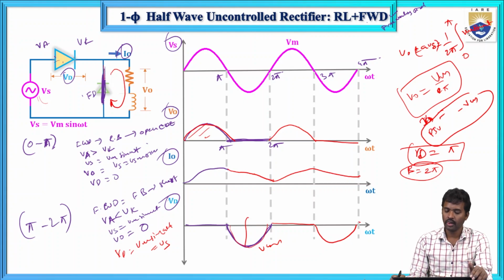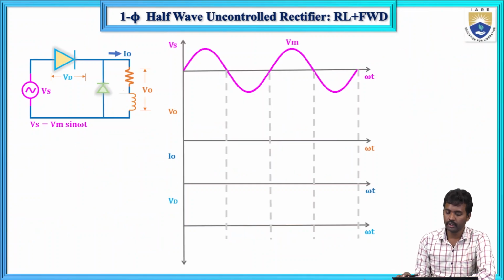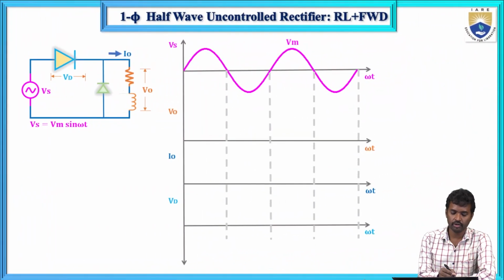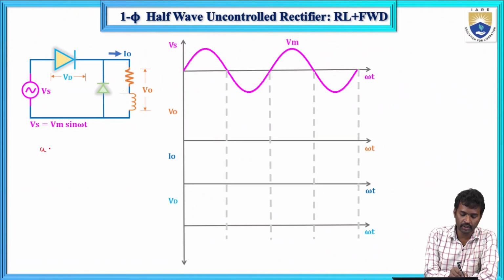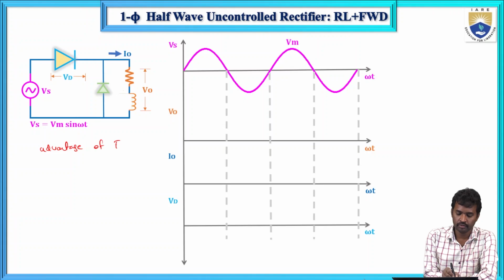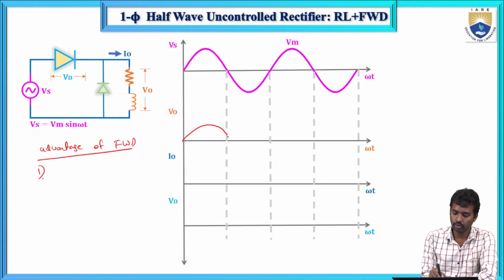Now I am giving the advantages of the freewheeling diode. First, the output voltage is always positive.